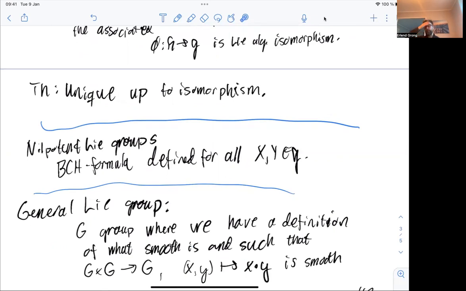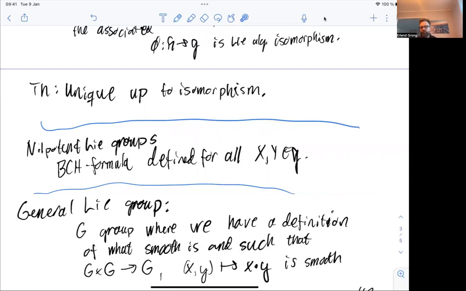And also the exponential map will be surjective and invertible, so there's a one-to-one correspondence between a simply connected nilpotent Lie group and a nilpotent Lie algebra, but this is a bit too advanced for our setting.